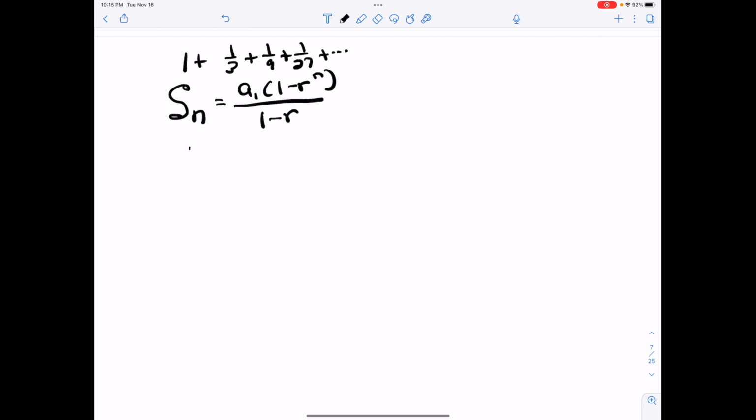Okay, so like this one, a sub 1 is 1. Your r is 1/3 because each term gets multiplied by 1/3 to get the next term.